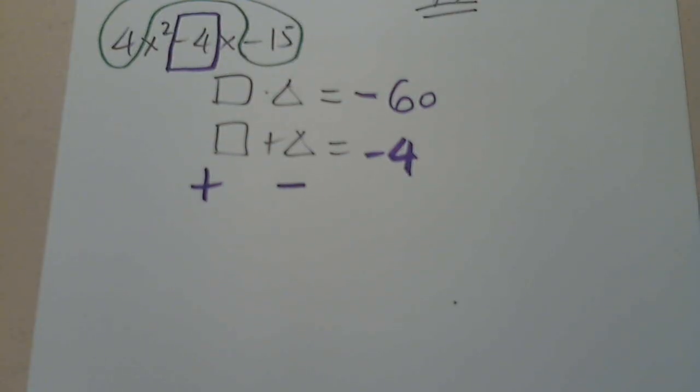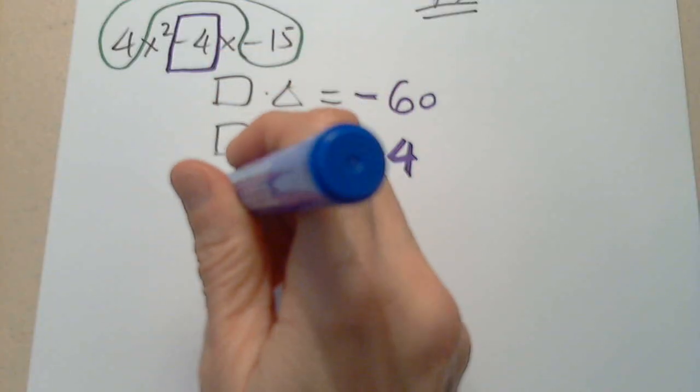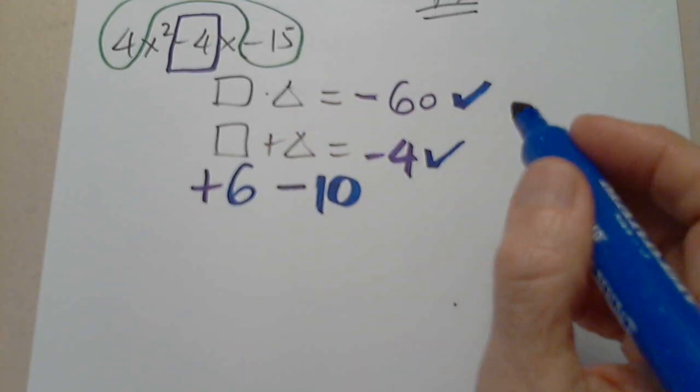One negative and one positive, whose product is -60 and whose sum is -4. -10, very good, and 6, very good. 6 times -10, yes. 6 minus 10, yes.